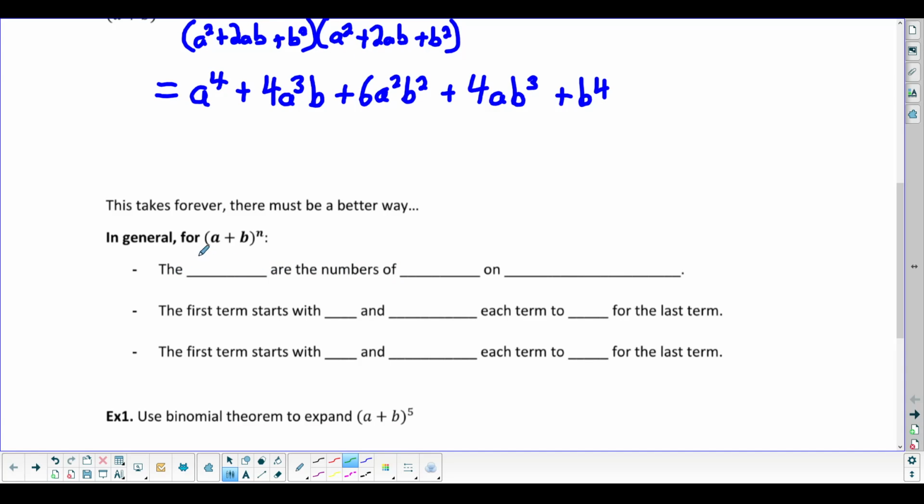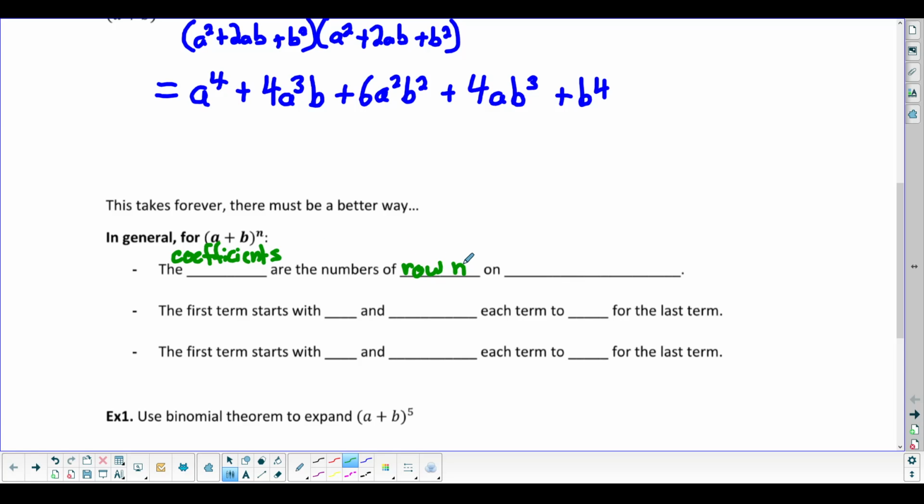So in general, for a plus b to the power of n, the coefficients, I don't know if I gave myself enough space to write that word in. I'll write it up above a bit. Coefficients are the numbers of row n.